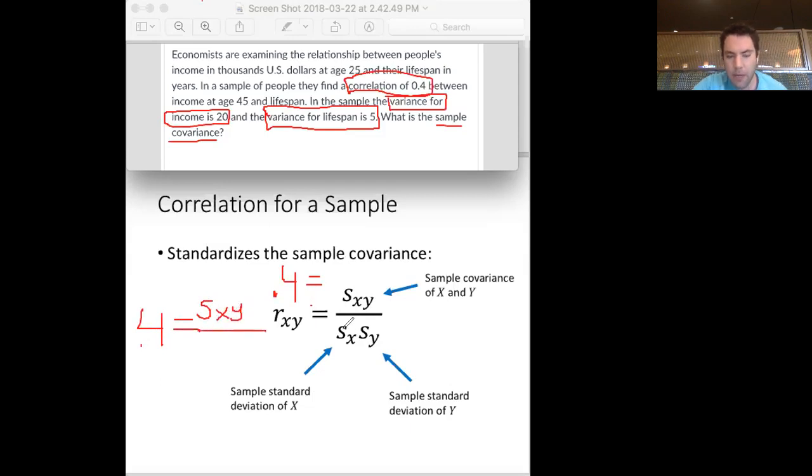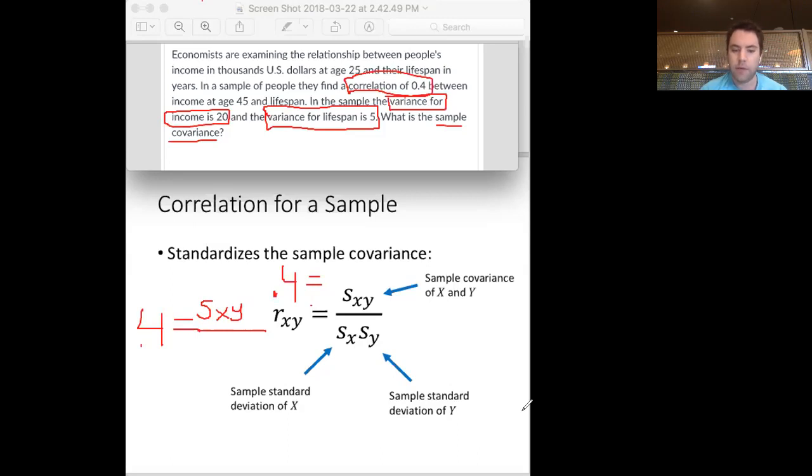And let's look at the denominator. The denominator is the sample standard deviation of x multiplied by the sample standard deviation of y. Now, they don't give us the standard deviations of x and y. They give us the variance of x and y, respectively. But we know that the standard deviation is simply the square root of the variance.